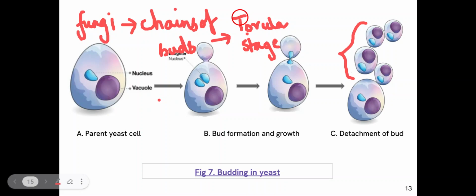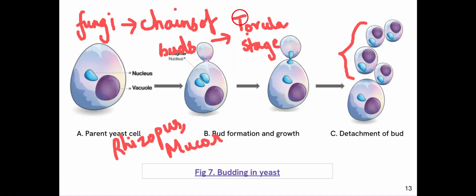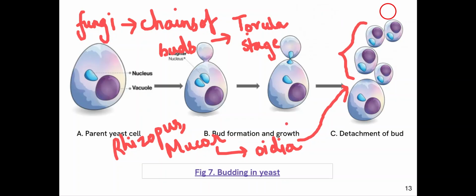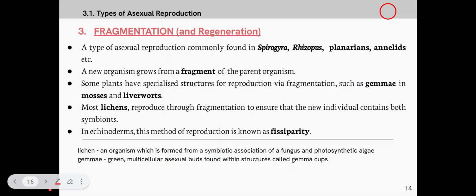Certain fungi like rhizopus and mucor produce asexual spores, known as oidia, and these oidia function in the same way as the yeast buds, and that is why it is known as the torula stage, these chains of buds that are being formed.